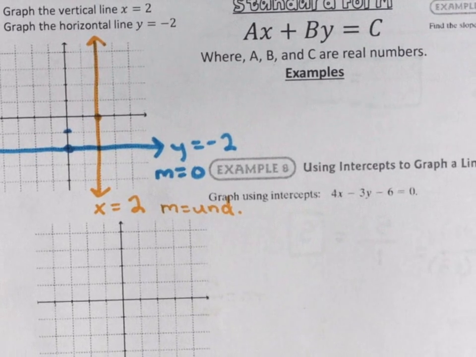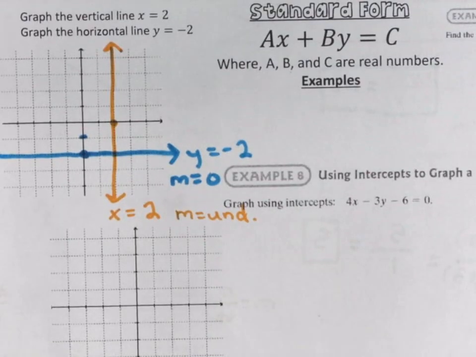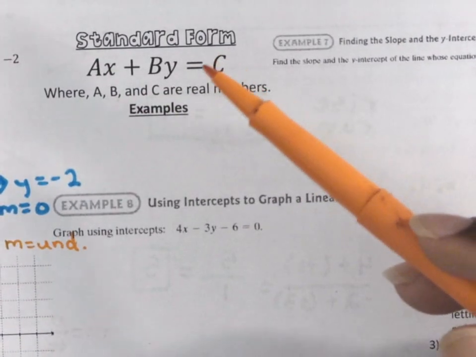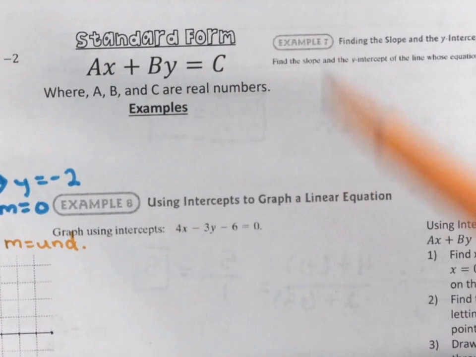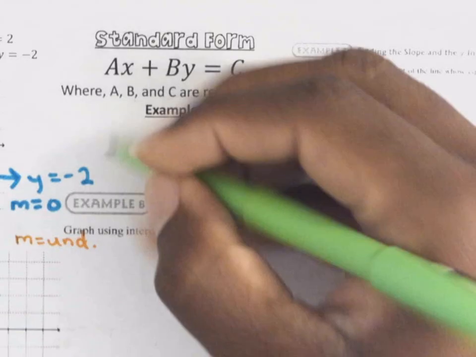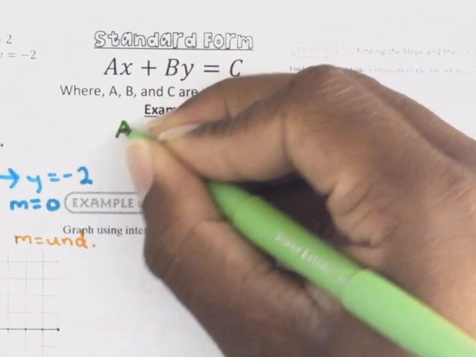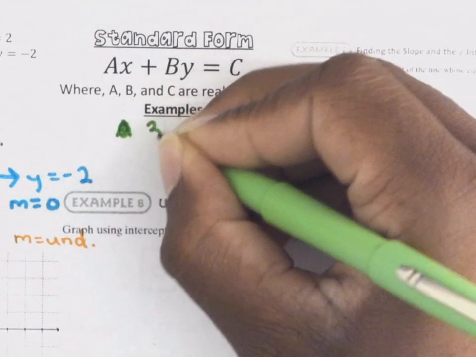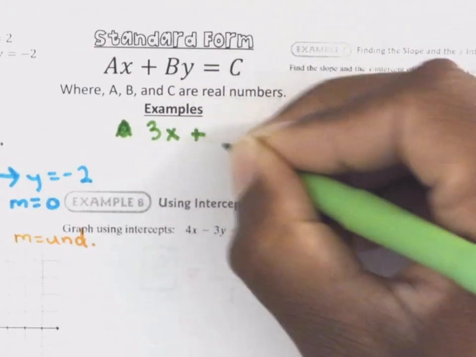All right, so we can do this one to the right. The last form is normally 3 forms that you'll get these linear functions in. Standard form. You can see it in 2 different ways depending on what book you're looking at, but one example might be your x's and your y's are on the left together.